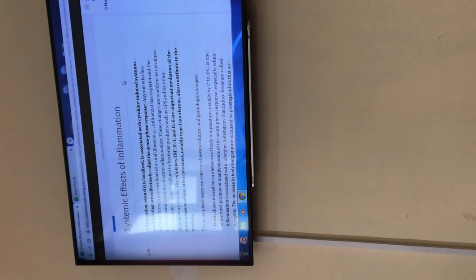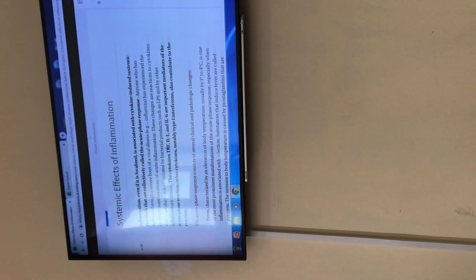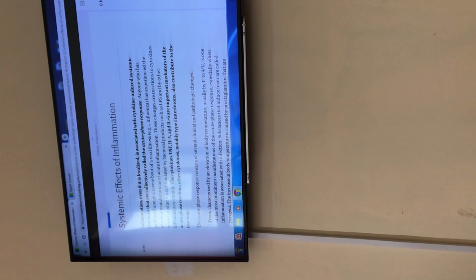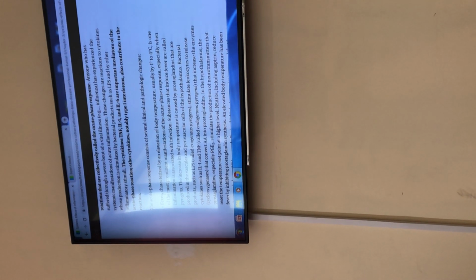Systemic effects of inflammation occur by the release of some chemical mediators, the most important of which are interleukin-1 and tumor necrosis factor. These are very important in the production of fever. So fever is one of the systemic manifestations of chronic inflammation, and chemical mediators are important in development of fever.